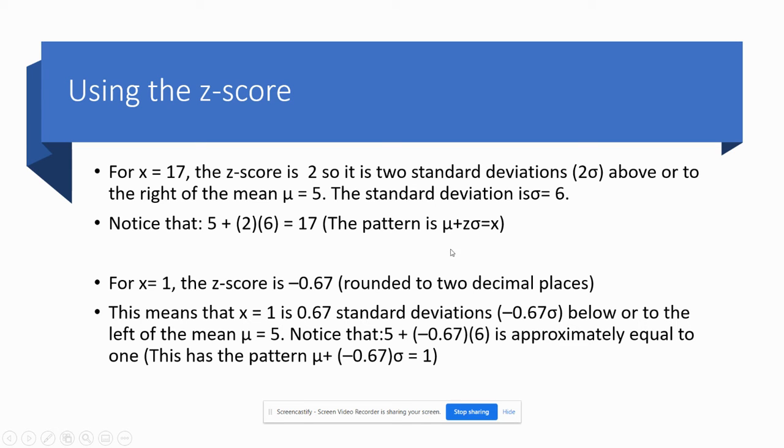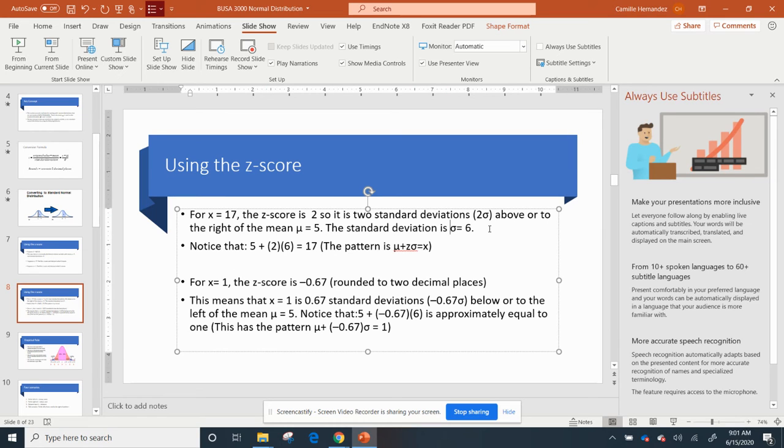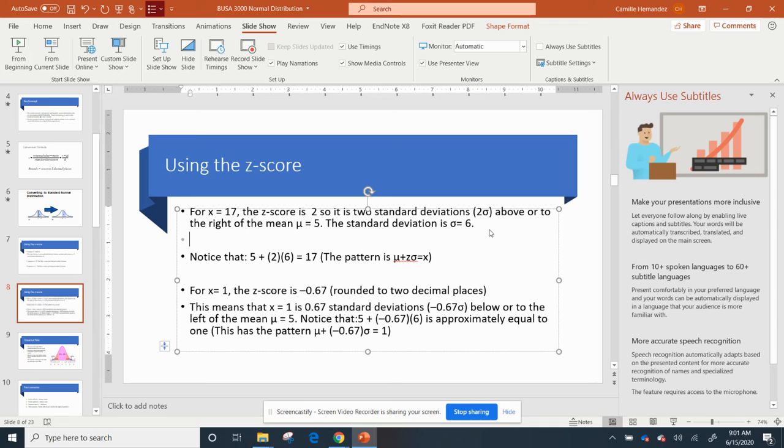So how am I getting that? Let me show you. When I put the formula in, remember I got Z equals the value minus the mean divided by the standard deviation.